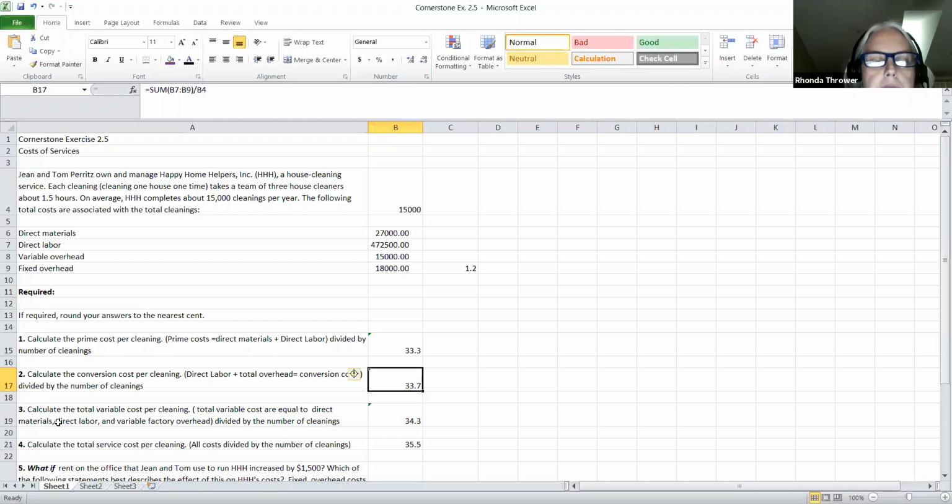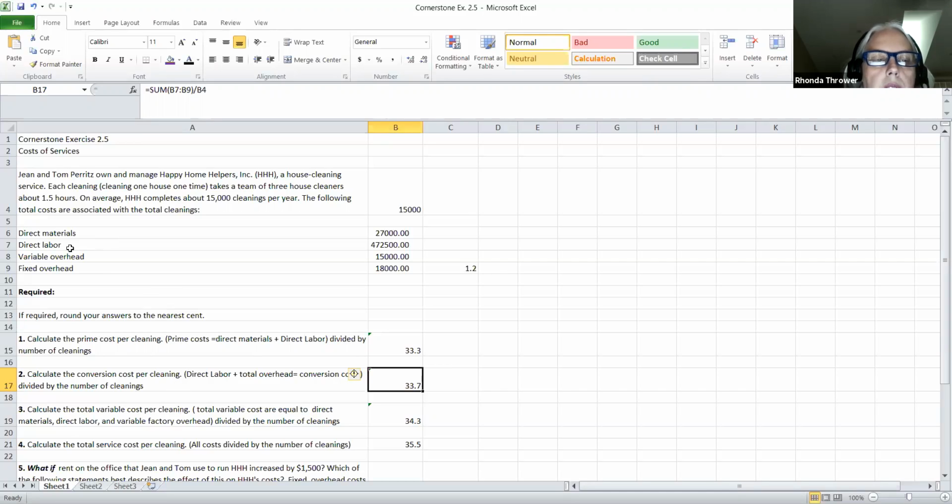In part 3, they want you to calculate the total variable cost per cleaning. So in this case, you need to remember that direct materials is considered to be a variable cost. Direct materials cost would vary with the number of cleanings. Direct labor is a variable cost too.